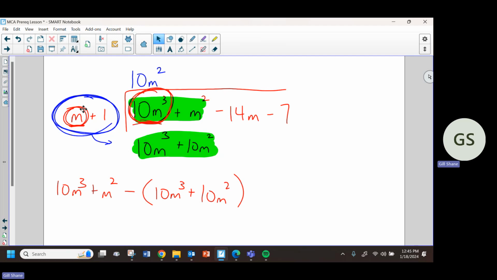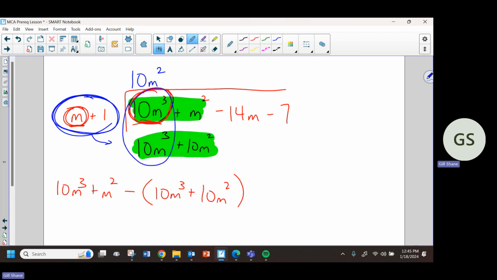I kind of like doing it this way. If this helps you, again, I don't care how you do it. Since these are like terms, these are the only two things you can combine. Oh, you can't see this on the recording, so let me do this and I'll get rid of it.